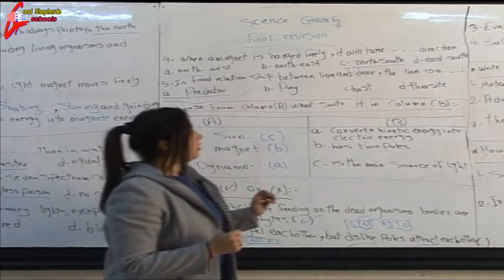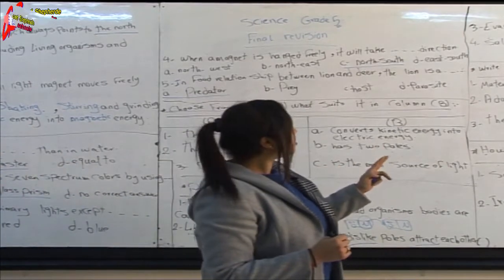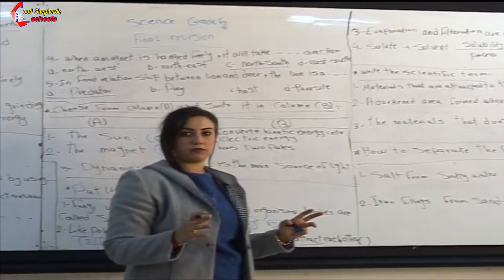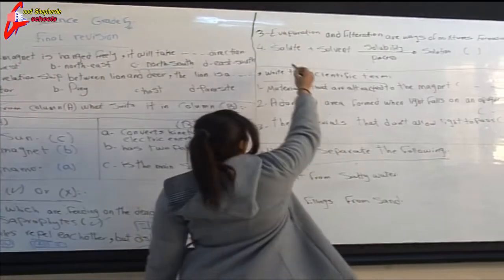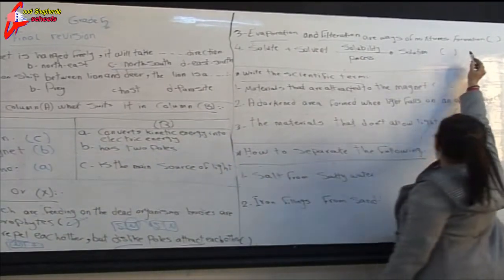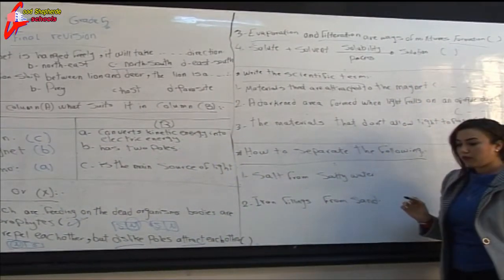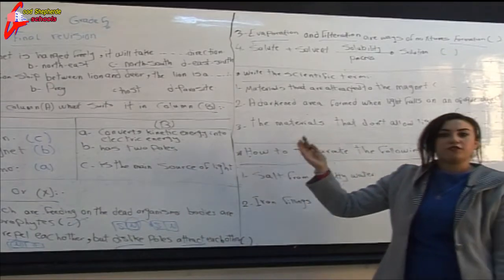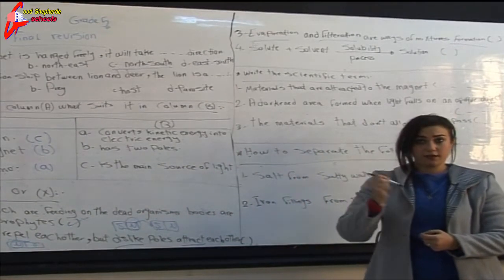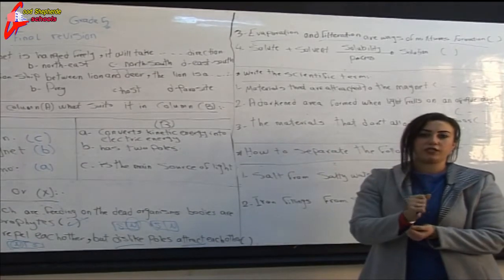Okay. Number 3, evaporation and filtration are ways of mixture formation. As we said before, a mixture can be formed by shaking, stirring, and grinding.